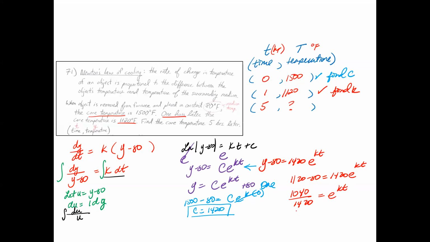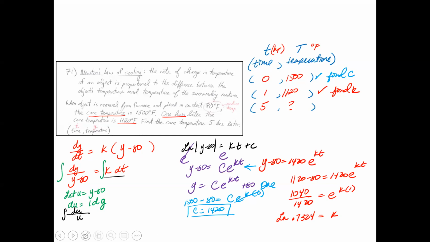Once I go ahead and divide it, 1040 divided by 1420 is 0.7324. Now you want to get rid of the e, so let's do an ln. So ln e cancels, and I forgot to put the t in there, so sorry, that was my bad. So k times 1, there we go. So it's just k. So e is gone. k is equal to ln 0.7324.